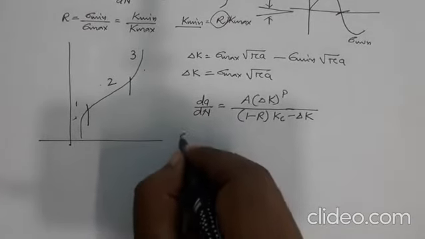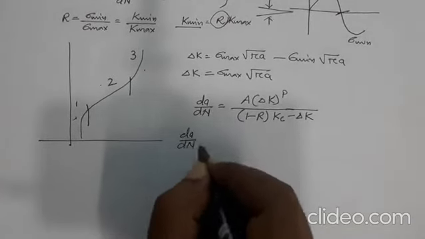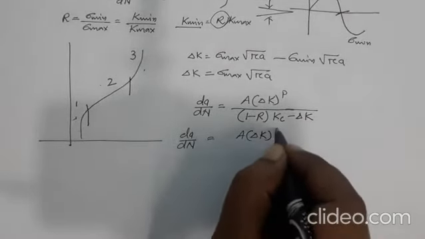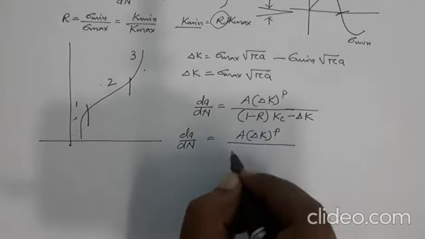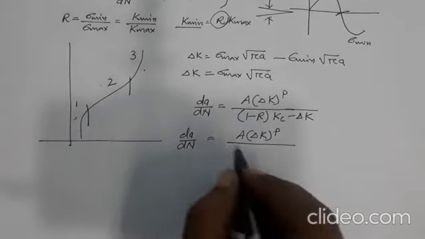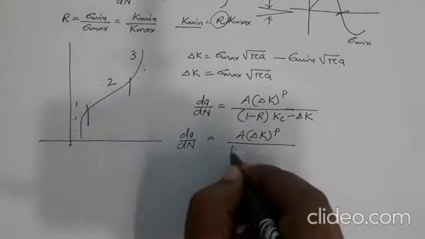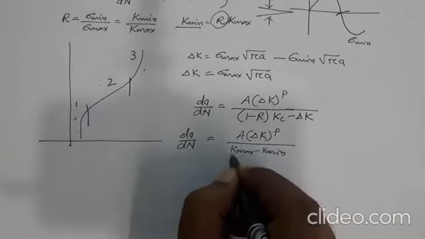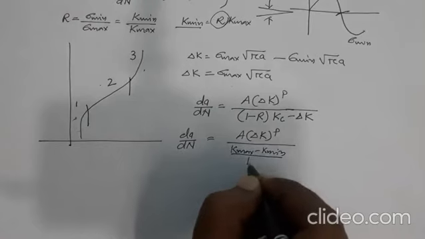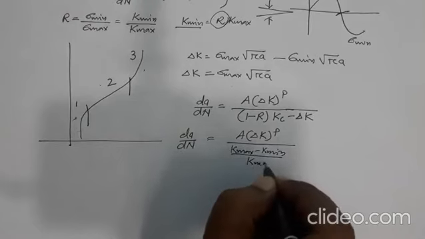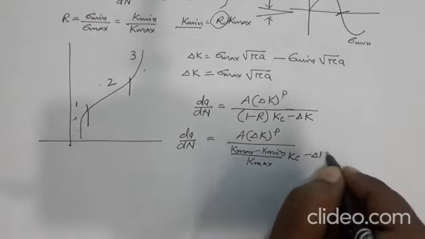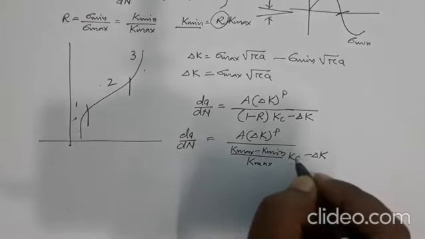So let us break it down. So dA by dN is equal to A into delta K to the power P divided by, and 1 minus R is K minimum by K max, so that will become K max minus K minimum divided by K minimum, K max, yeah, into Kc minus delta K. Kc is the fracture toughness, okay. So we do not know if we are doing it in mode 1 or mode 2.